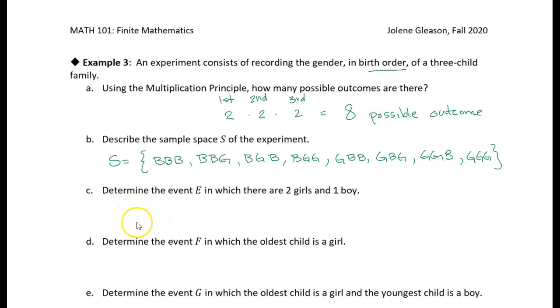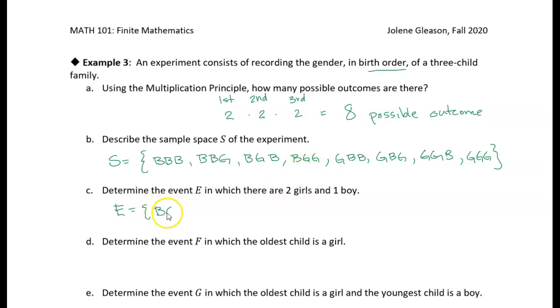Okay, so the next question says to determine the event E in which there are 2 girls and a boy. So E is going to be all the possible outcomes in which we get 2 girls and a boy. Well, we can just look back at our sample space and pick out those outcomes, right?